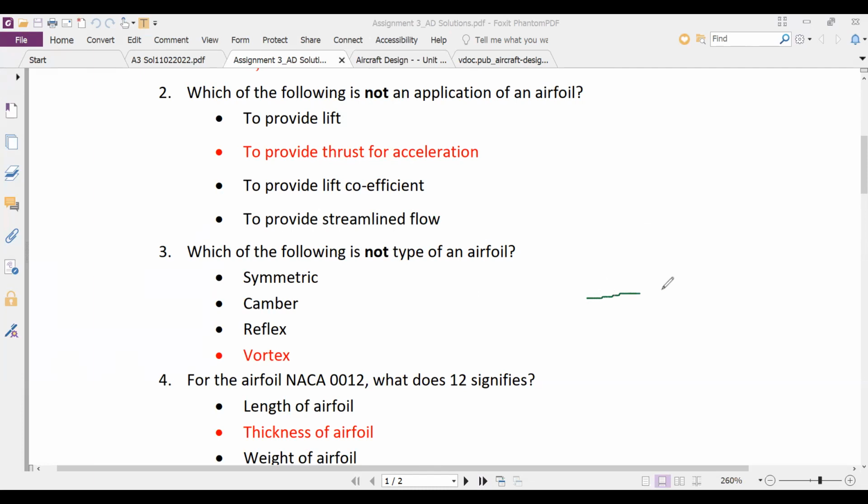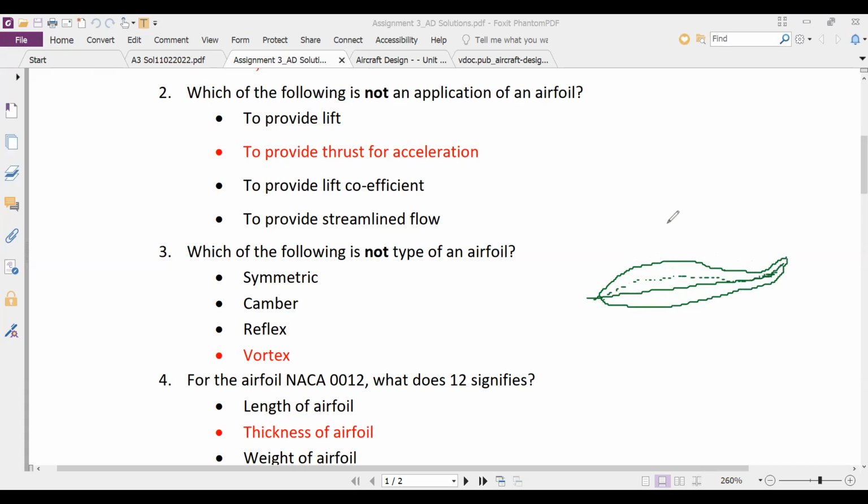This is the chord line, and a reflexed airfoil has a camber like this, and then in the end goes like this. So it'll be something like this. The idea is its camber, first it is positive, then camber decreases, and then again increases.